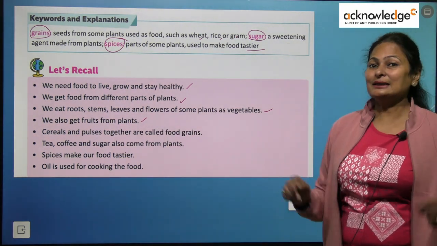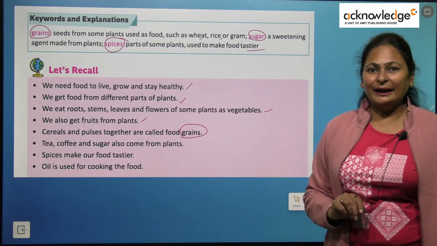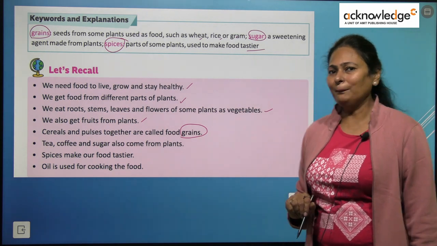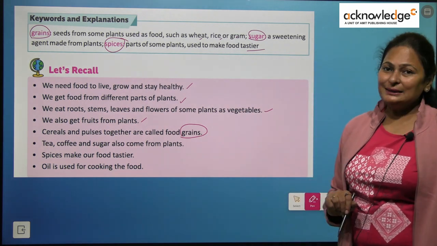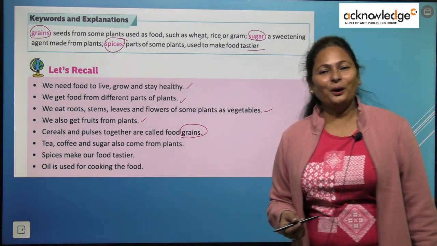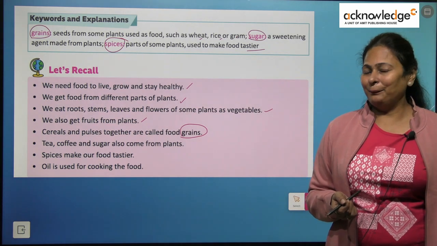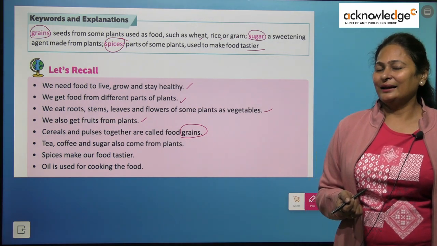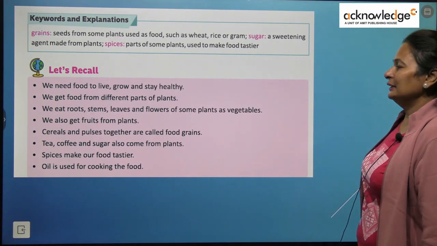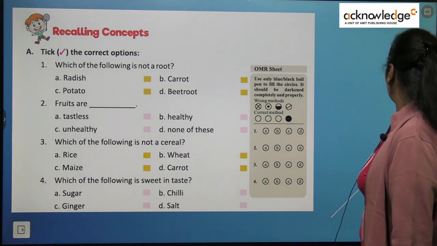Cereals and pulses together are called grains. Tea, coffee and sugar also come from plants. Spices make our food tastier and oil is used for cooking the food. We apply the oil in our hair and we also light the earthen lamp. Correct? So let's recall the concepts.